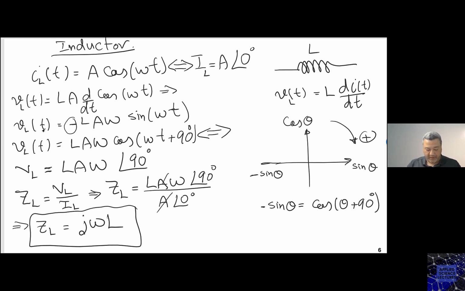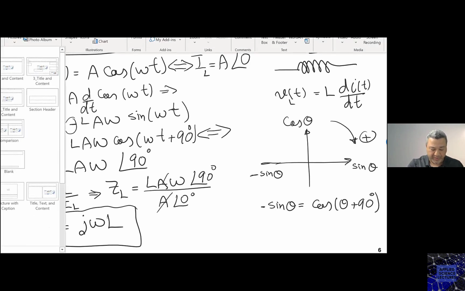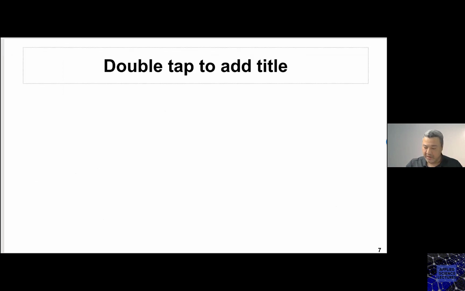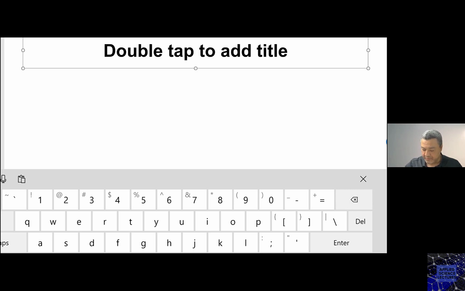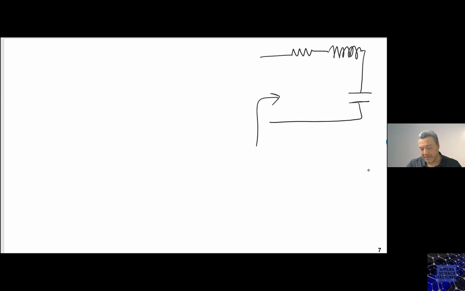Now, just for illustration purposes, I want to put everything together and show you what is going to happen. If I have this circuit made of a resistance, an inductor, and a capacitor, all connected in series, right?